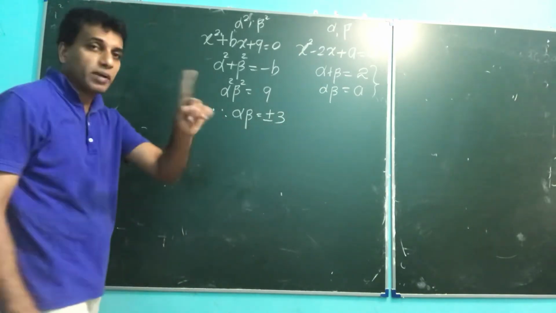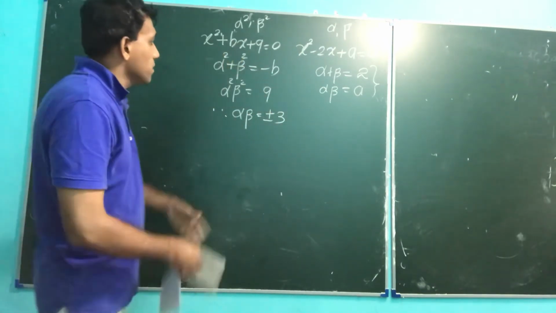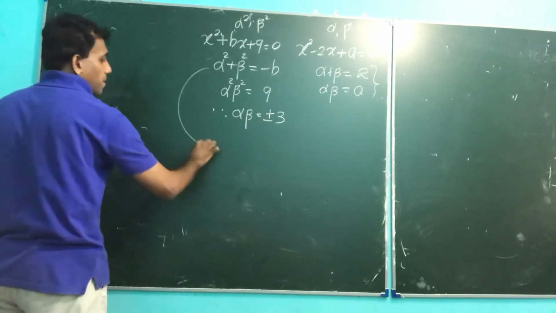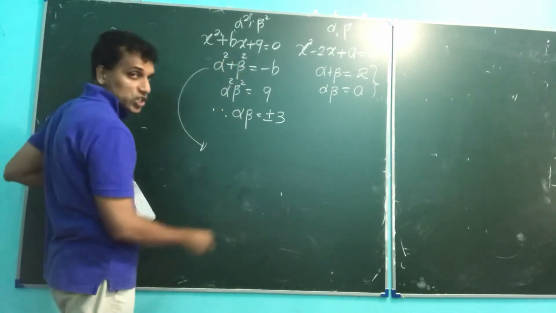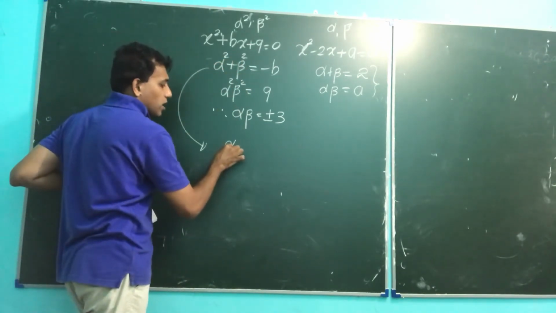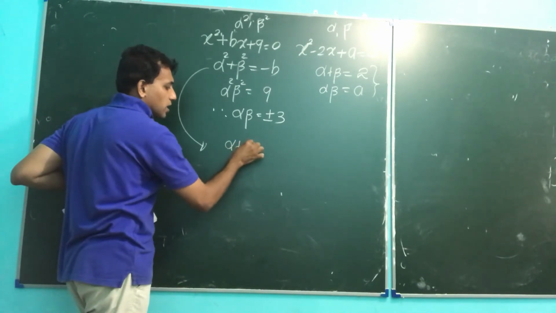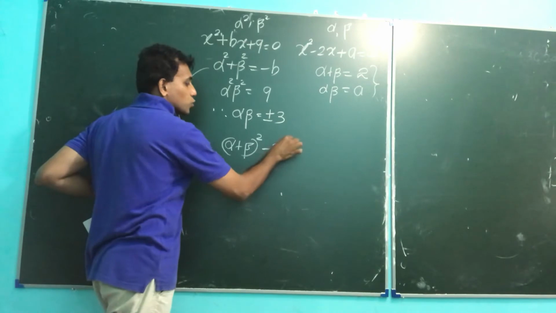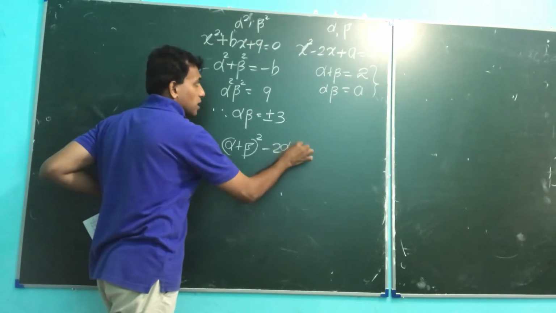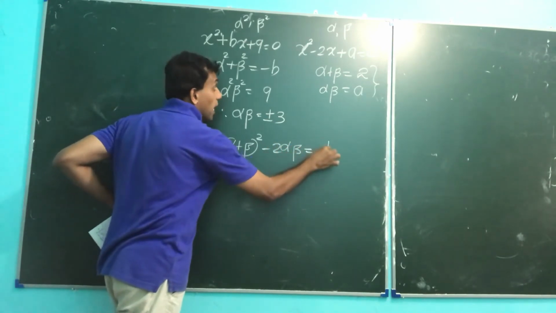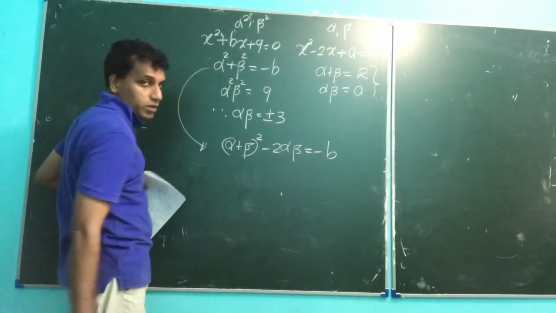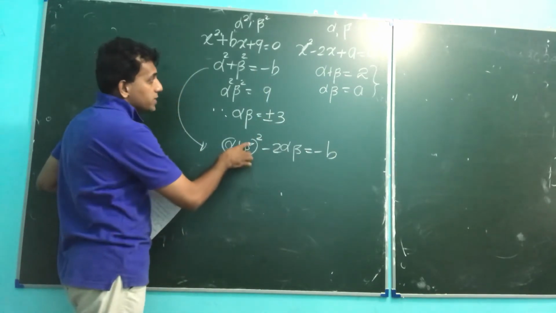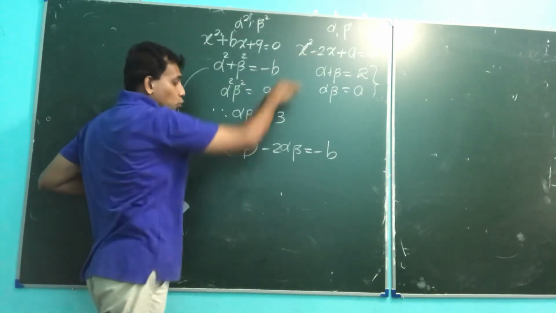Okay, the problem is B. Come here, again come to this. Famous simplification: alpha plus beta all squared minus 2 alpha beta equals minus b. What is alpha plus beta? 2.